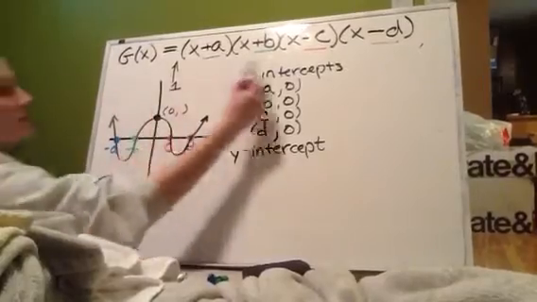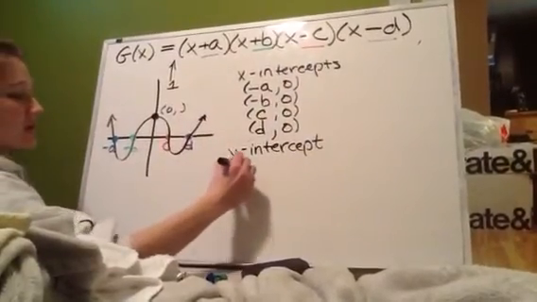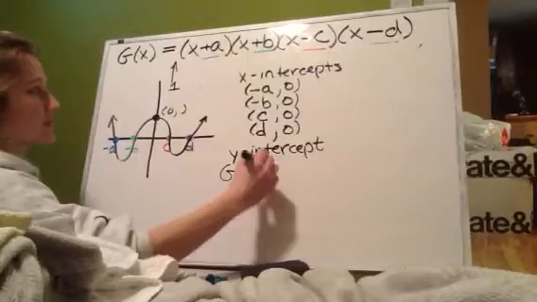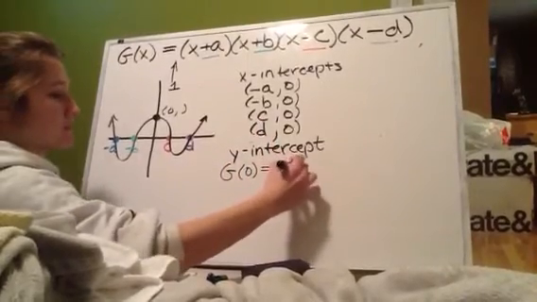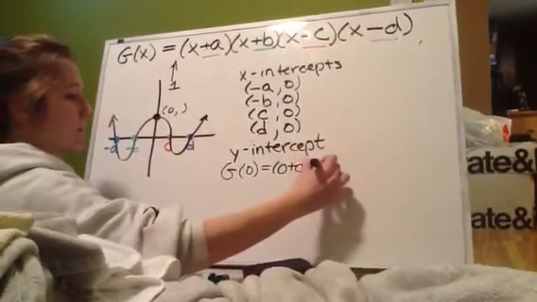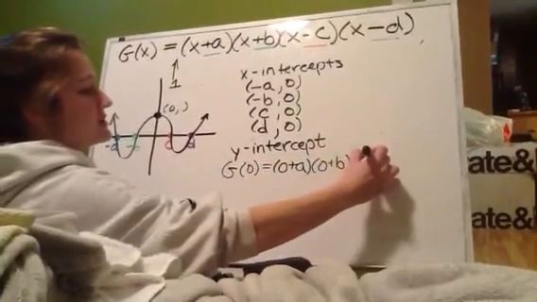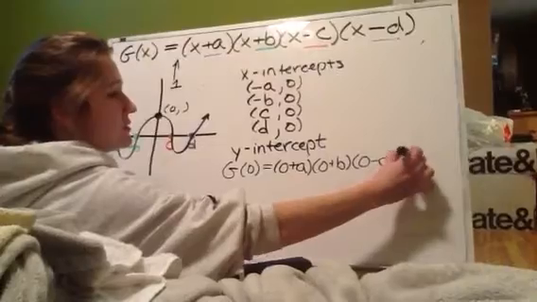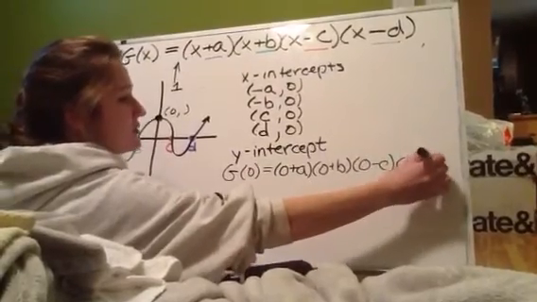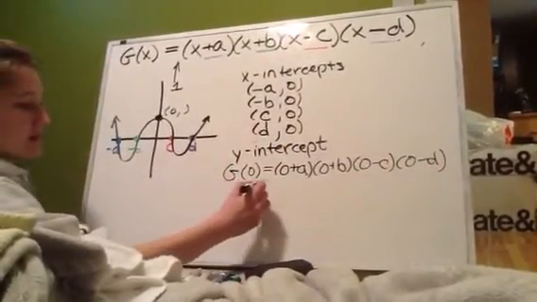So what I can do is use my equation and plug in x to be 0. And if I do that, I can start to simplify the values that I do have.